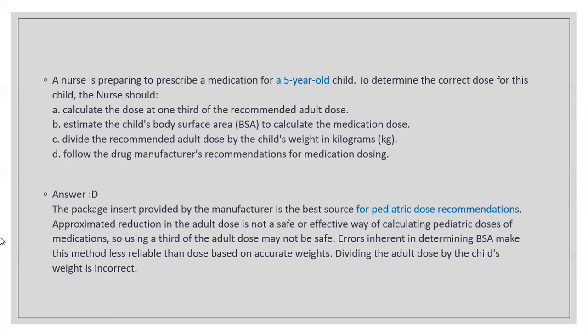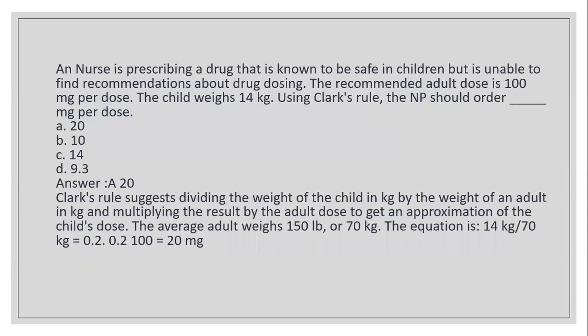Errors inherent in determining body surface area make this method less reliable than a dose based on accurate body weight. Also, dividing the adult dose by the child's body weight is not the way to calculate the medication dose.